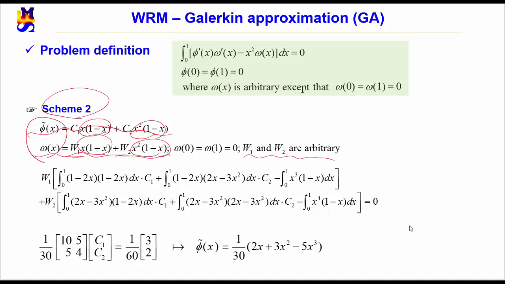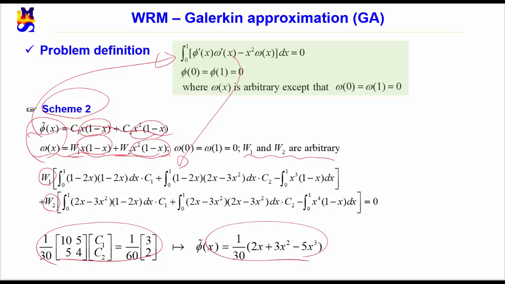Plugging these two approximated functions into the weak form, we obtain this identity equation with respect to arbitrary constants W1 and W2. Therefore, we obtain two linear equations because the coefficients of W1 and W2 should all be 0 in this kind of identity equation. Of course, the solution is the same as that in the previous slide.